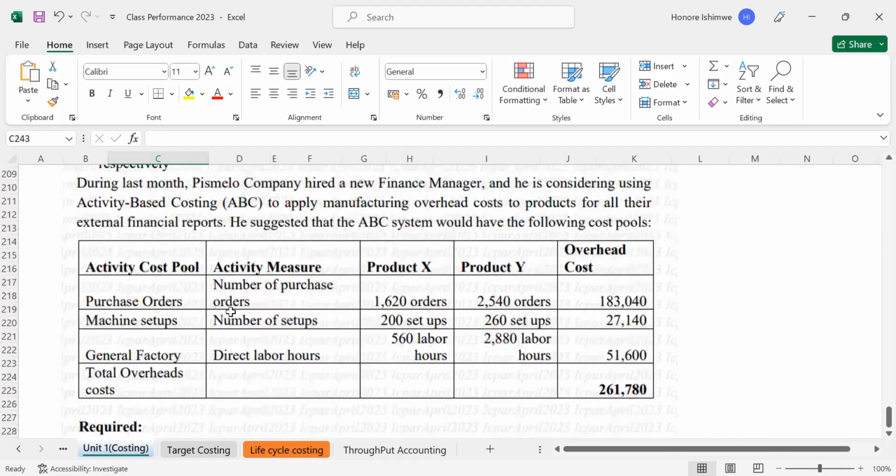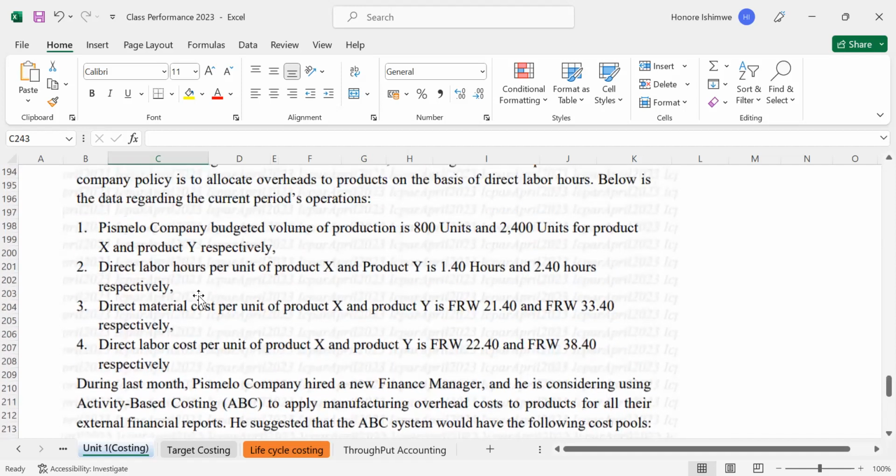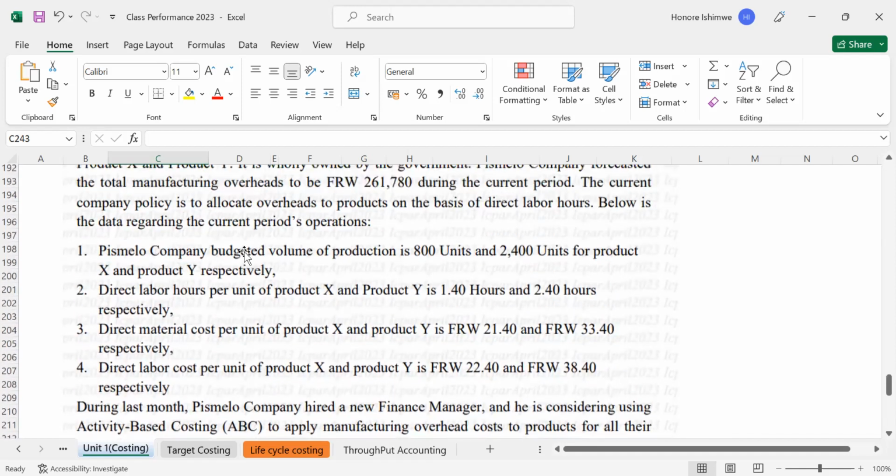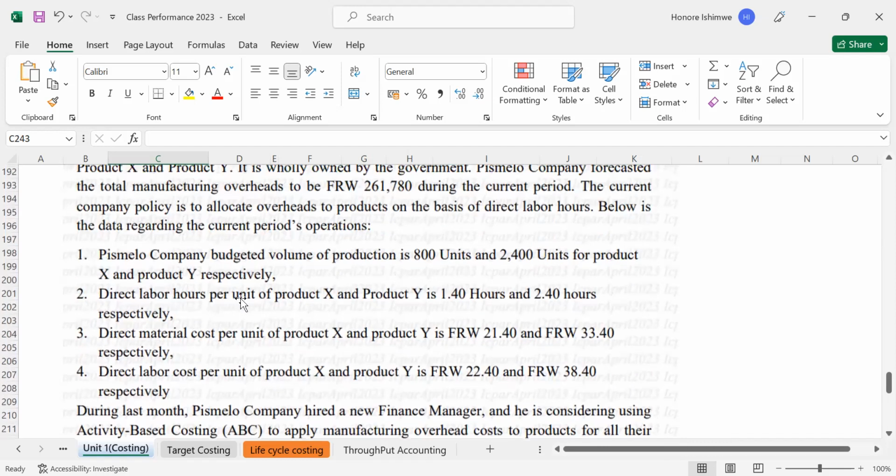Let's start. They say the direct labor hours per unit of product X and product Y are 1.4 and 2.4. These are the labor hours to produce 1 unit. And how many units? They say the volume of production is 800 and 2,400 units of product X and Y respectively.